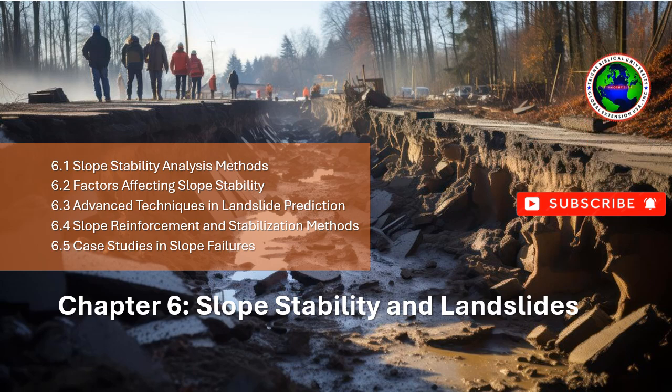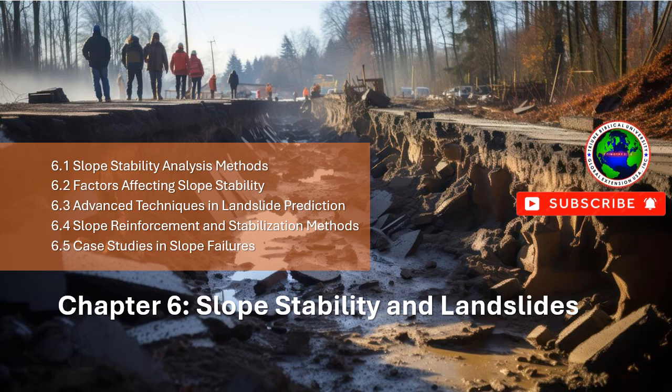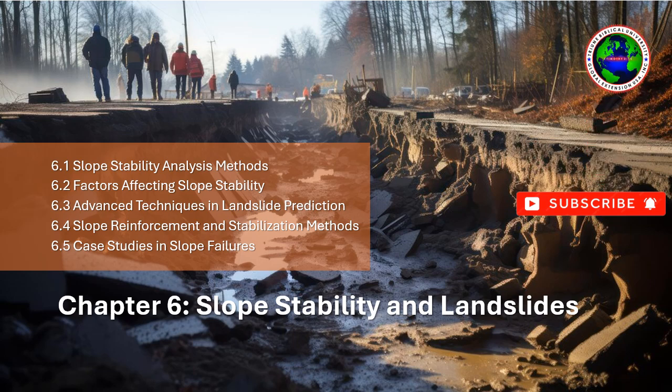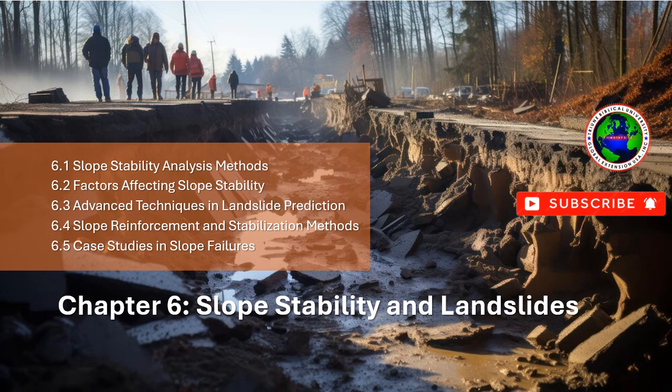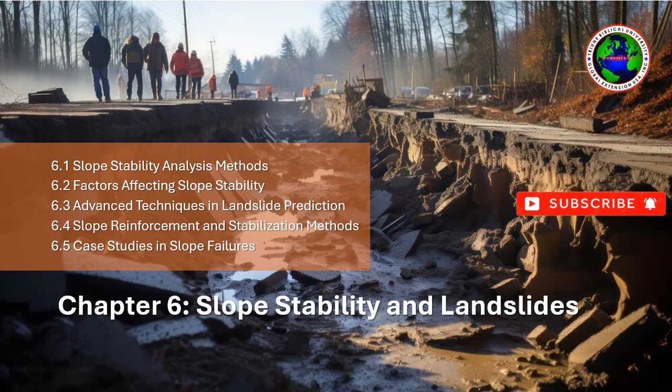A comprehensive understanding of these variables is essential for accurately assessing the stability of a slope and implementing appropriate mitigation measures. By considering all of these factors, engineers can design safe slopes and embankments, as well as develop effective strategies for managing landslide risks in vulnerable areas.